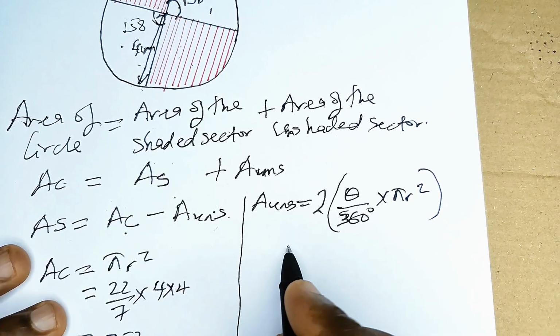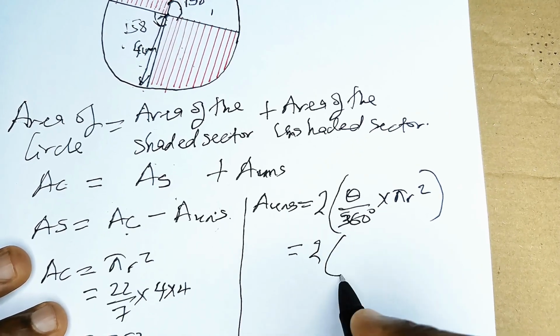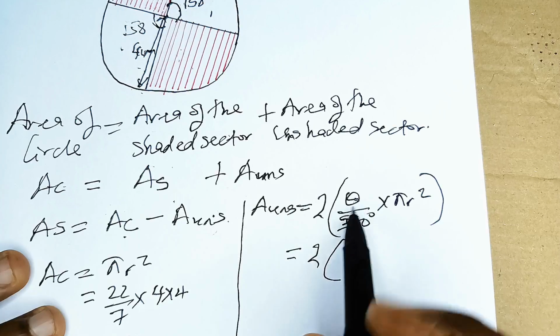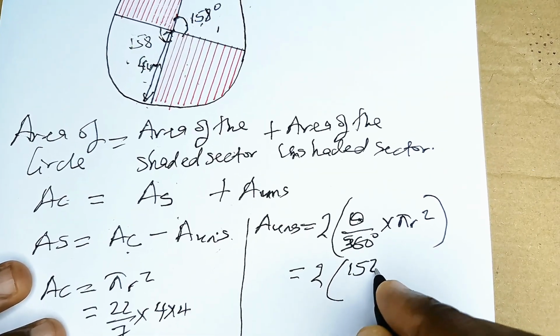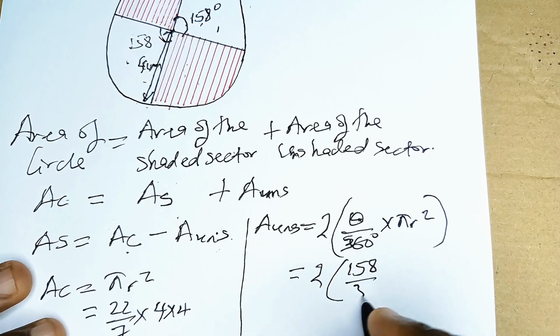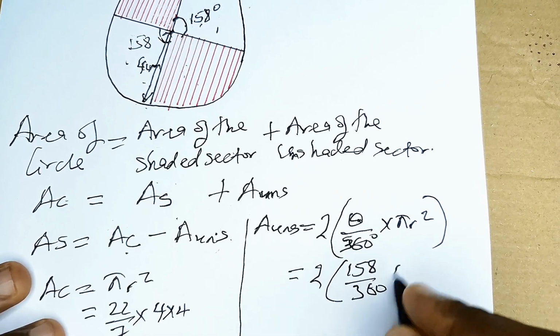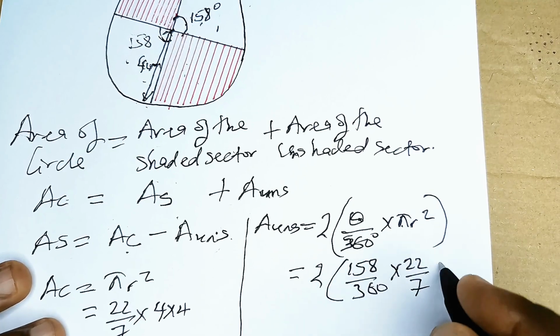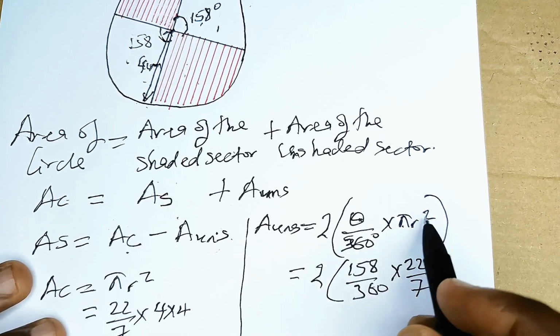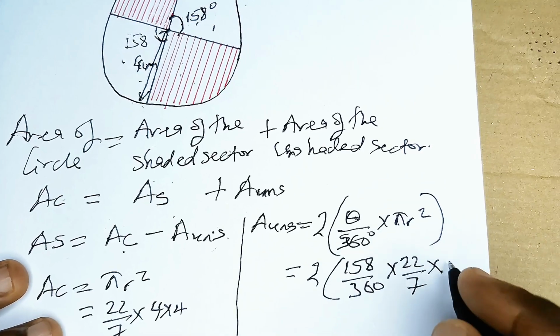So the area of unshaded is equal to 2 times theta, which is 158, the angle. So 158 divided by 360 multiplied by 22/7, which is the pi, times 4 squared, which is the radius.